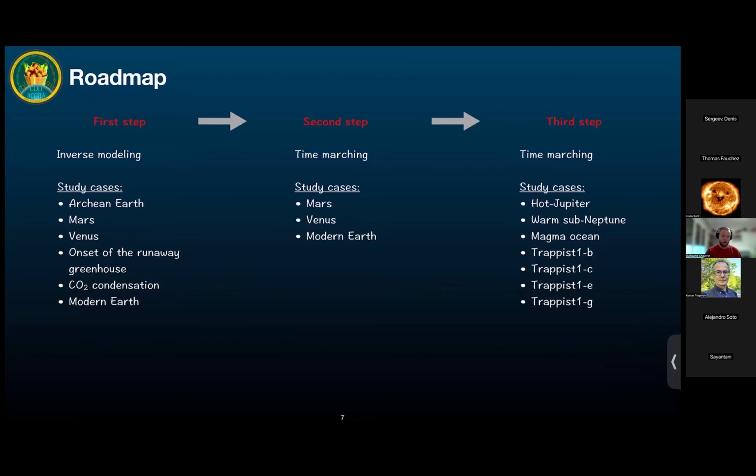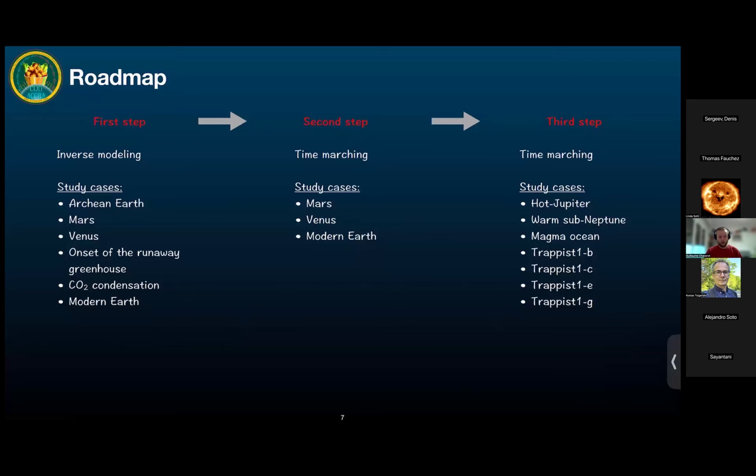Regarding more precisely the cases we have for the three steps, for the first one, we have quite a lot of different cases. We have the modern Earth, we have Venus, because it's interesting to compare the Earth and Venus always. We have also the onset of the runaway greenhouse, which has been studied for quite a long time now with this kind of models. As there is a lot of papers in the literature talking about this, it's interesting to compare the models on this specific case.